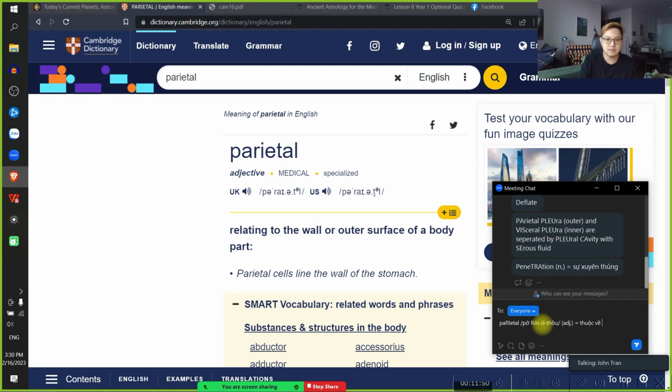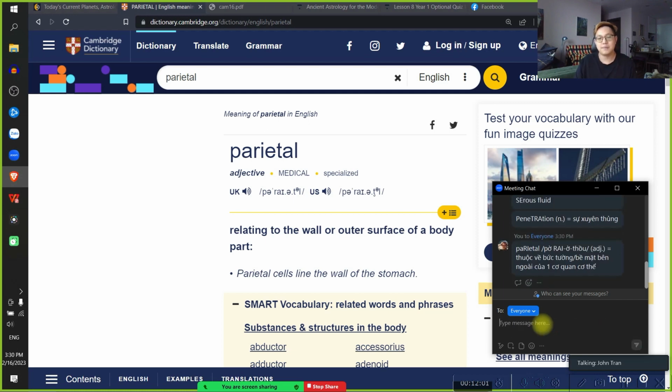So parietal means like outer surface, okay? For example, parietal cells line the walls of the stomach. Parietal cells are the ones that produce the HCl, hydrochloric acid, in the stomach.